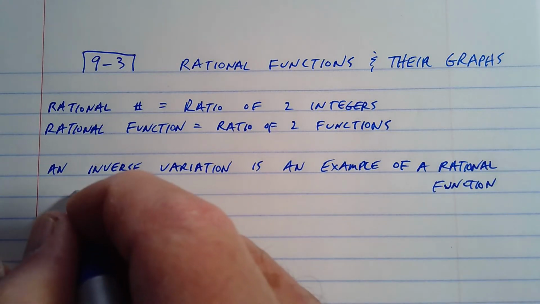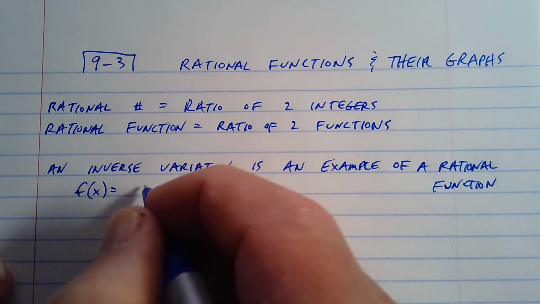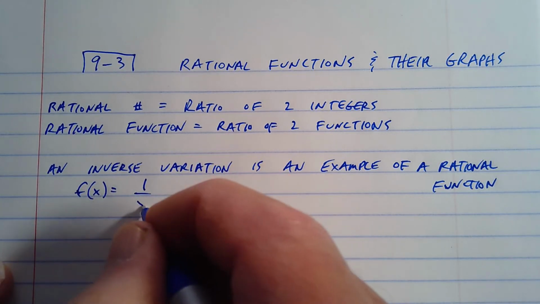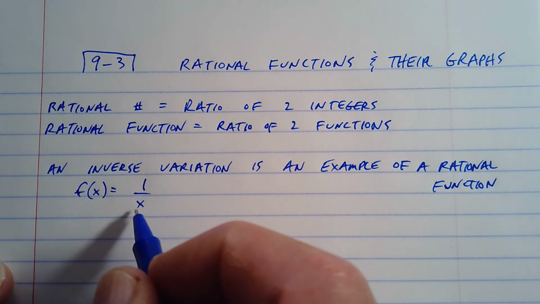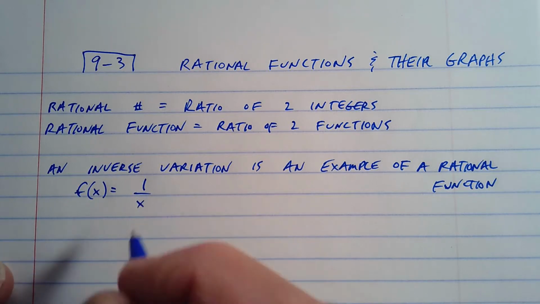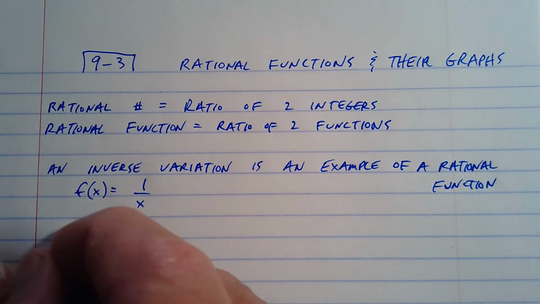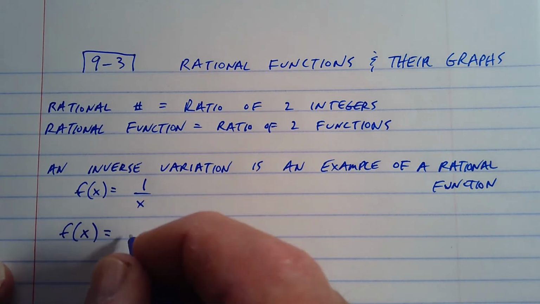Remember, if we did functional notation, we'd say f of x equals 1 over x. It could be y equals 1 over x, and y equals x is also a rational function. And so we have to be worried now about the denominator in these rational functions. They can't be equal to 0.